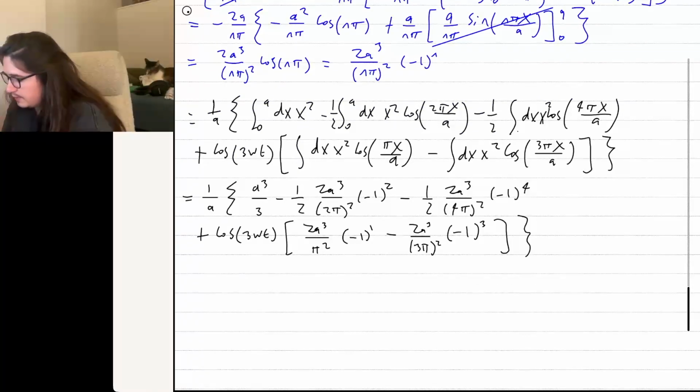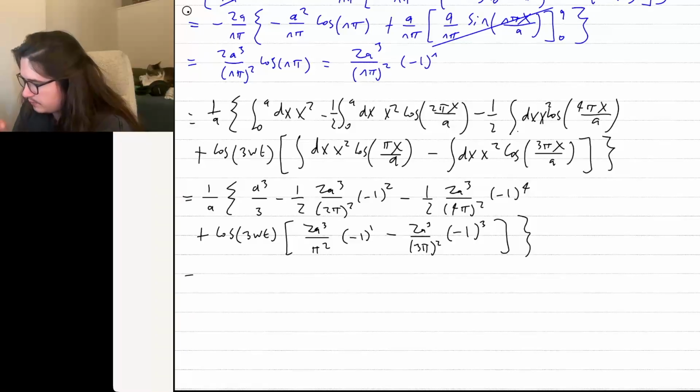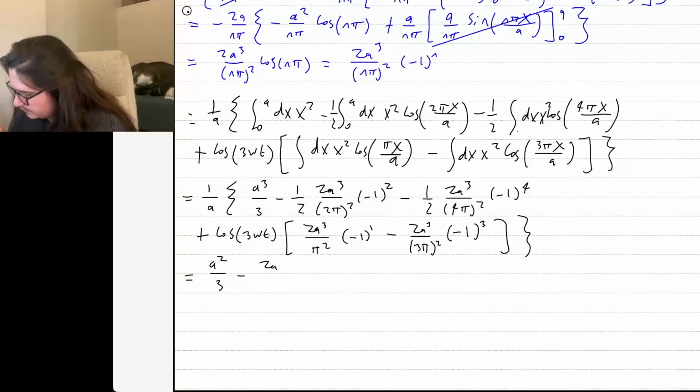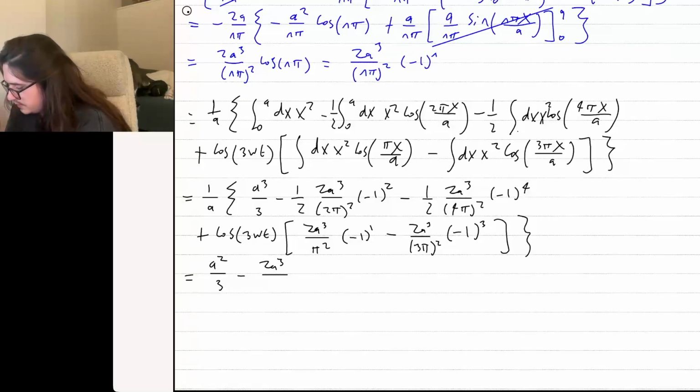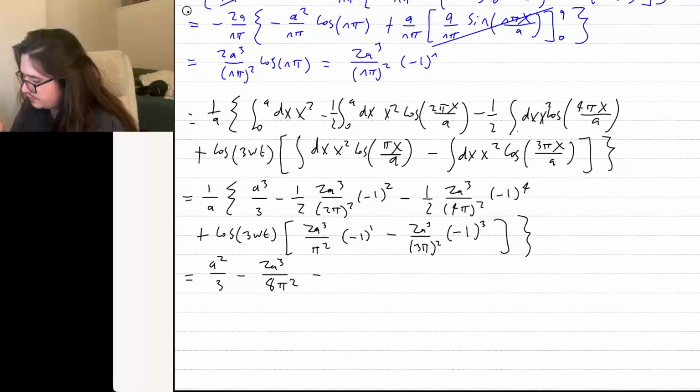So it's pretty clear now that everything has a factor of a cubed inside of the curly bracket, so I'm going to factor that out. So I've got a squared over 3 minus 2a cubed over, it would be 8 pi squared, minus, or no, it wouldn't be 8 pi squared, it would be 4 pi squared.